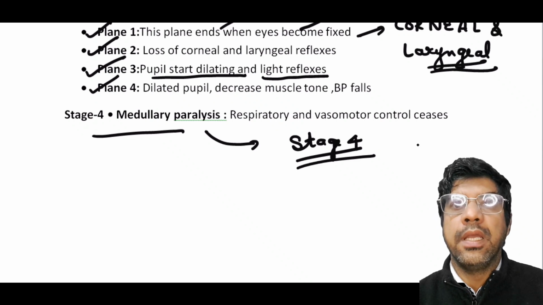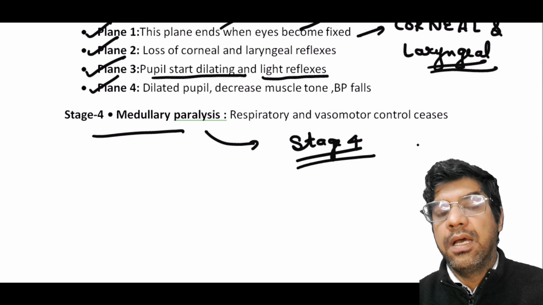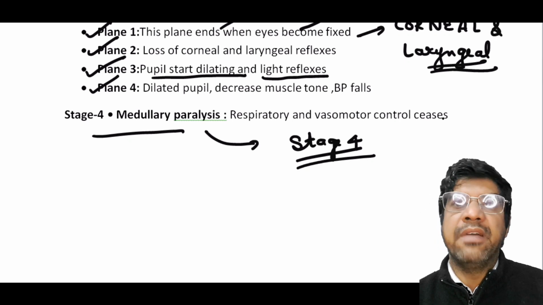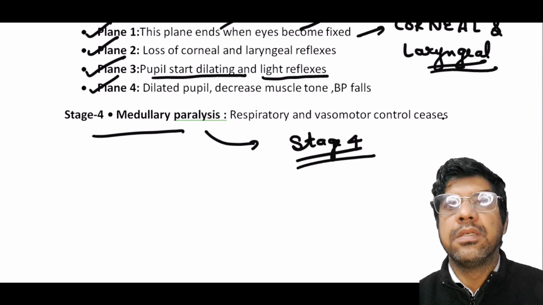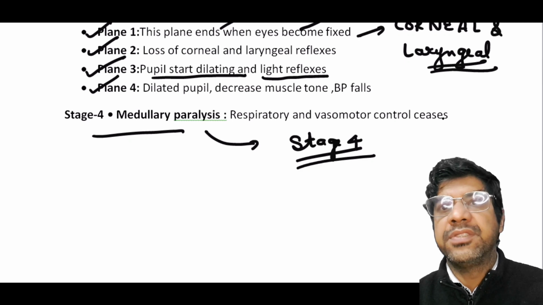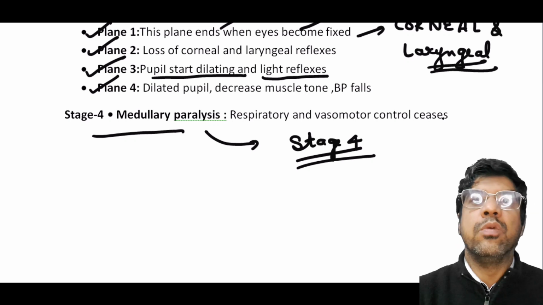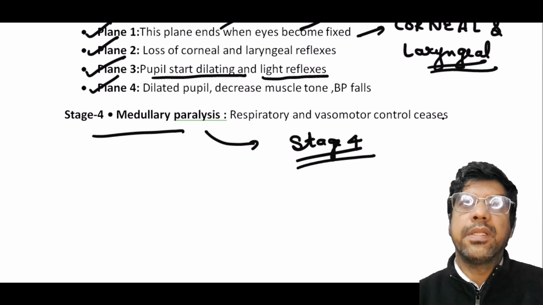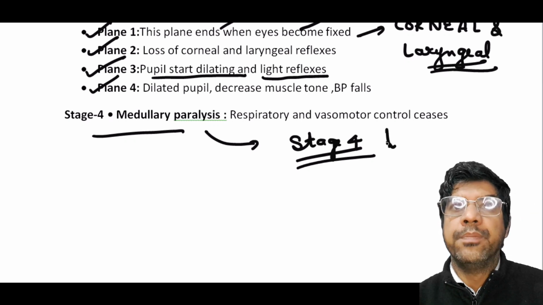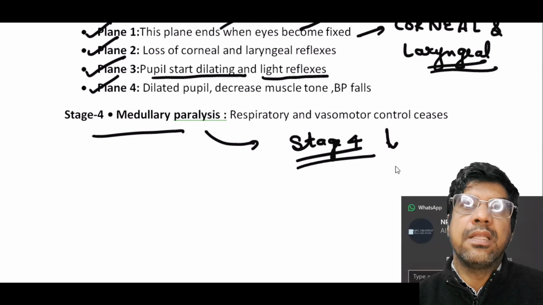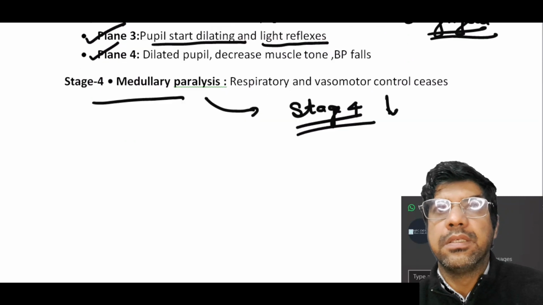So here the anesthetist initiates prompt intervention to support the respiration and maintain the blood pressure. He can also administer assisted ventilation and cardiovascular support. So remember, this stage would require clinical expertise to prevent life-threatening complications.